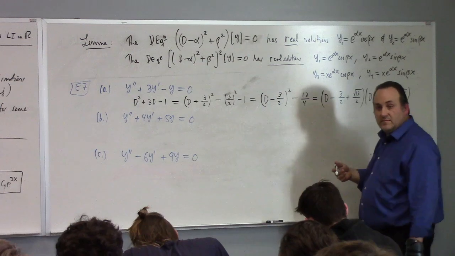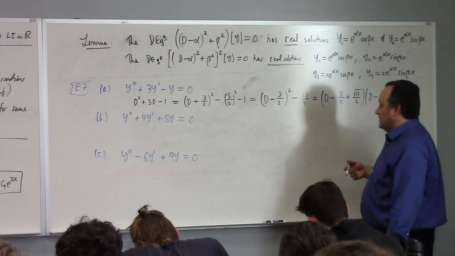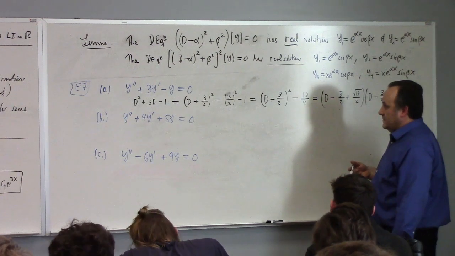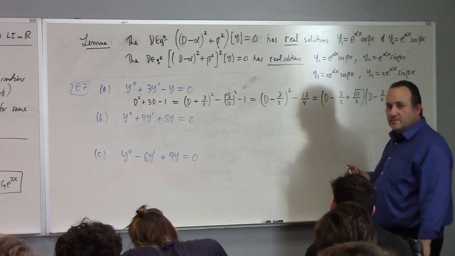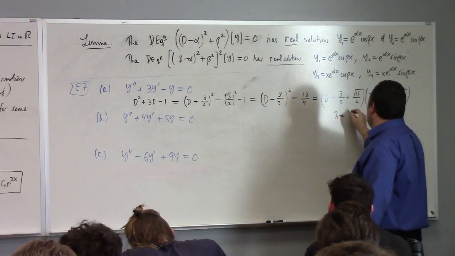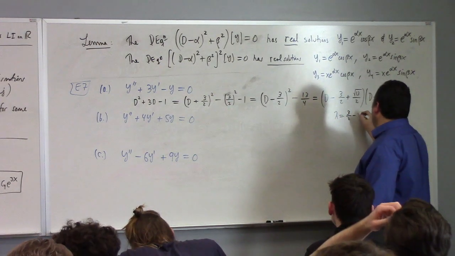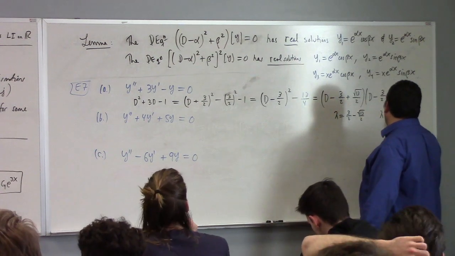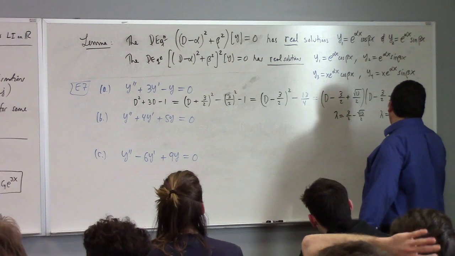So this one is lambda equals 3/2 minus the square root of 13 over 2, and this one is lambda equals 3/2 plus the square root of 13 over 2.